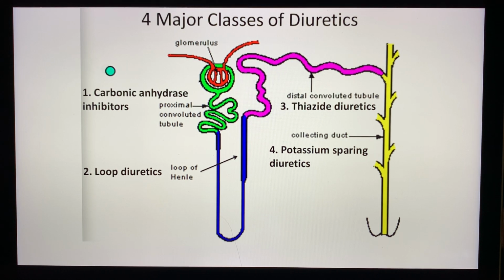We have the carbonic anhydrase inhibitors, loop diuretics, thiazide diuretics, then the potassium-sparing diuretics. The carbonic anhydrase inhibitors will act on the proximal convoluted tubule. Loop diuretics will act on the loop of Henle. Thiazide diuretics will act on the distal convoluted tubules. Then we have the potassium-sparing diuretics, which will act on the collecting ducts.